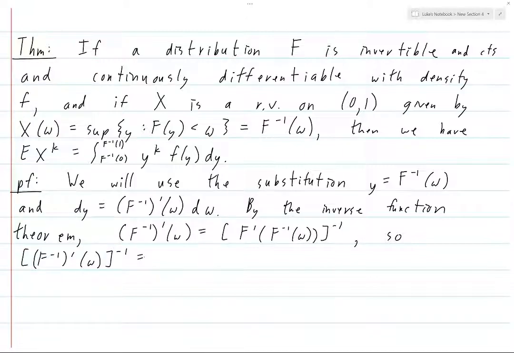There might be some conditions that I'm leaving out here on capital F and lowercase f, but in any case, I'm just going to continue the proof as if everything works out nicely. So we take its inverse and we get F prime of F inverse of omega.